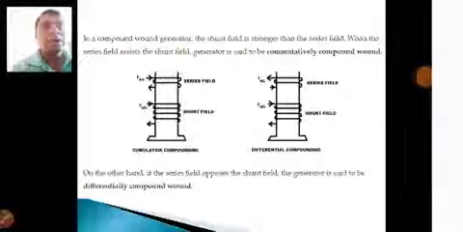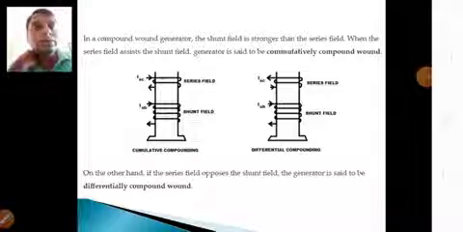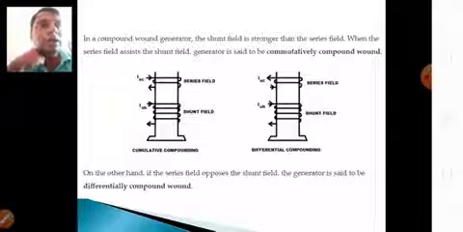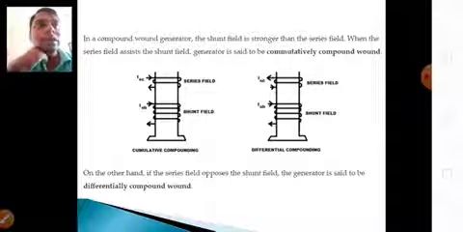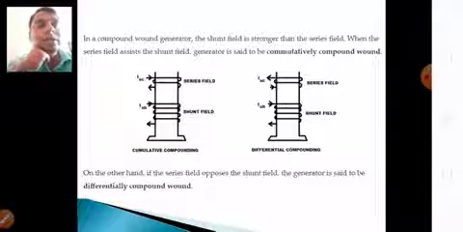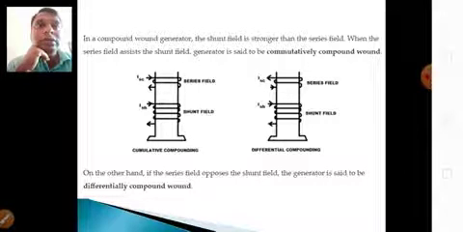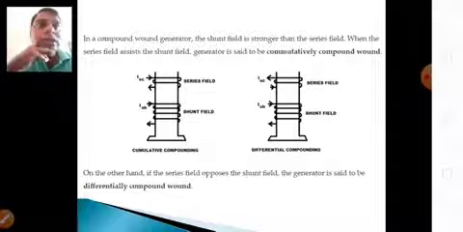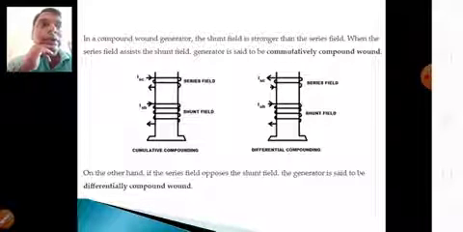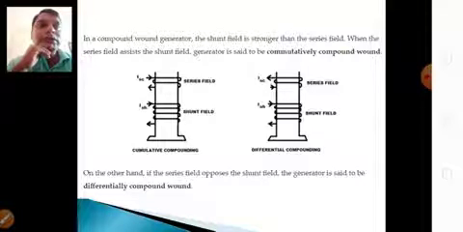Right. In a compound wound generator, the shunt field is stronger than the series field winding, because the series field winding has fewer turns and the shunt field winding has more turns. When the series field assists the shunt field, the generator is said to be a cumulatively compound generator.